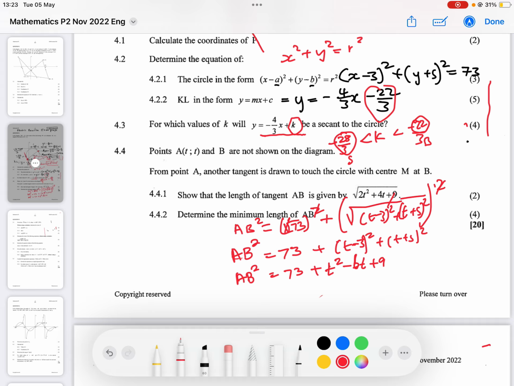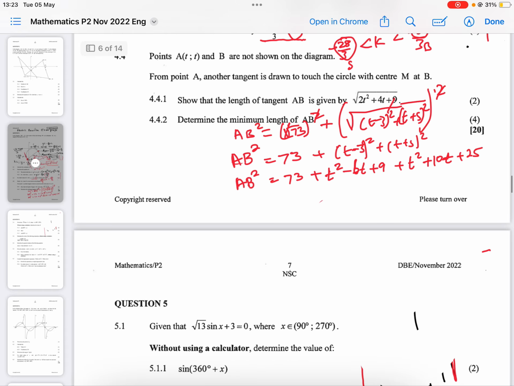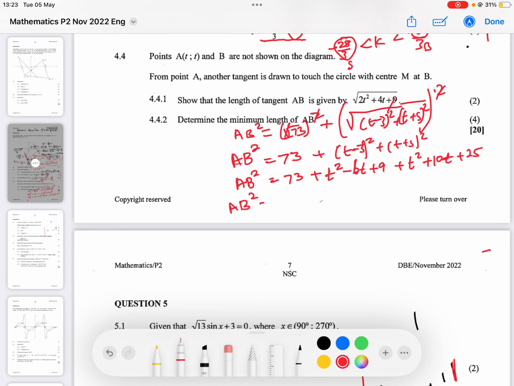Now also do the same thing here. Square t to be t squared, multiply t with 5 and a 2, that will be positive 10t. Square 5 is going to be positive 25. Right? Then from here, I'm going to add the like terms. AB squared is equal to t squared and t squared, which gives me 2t squared.